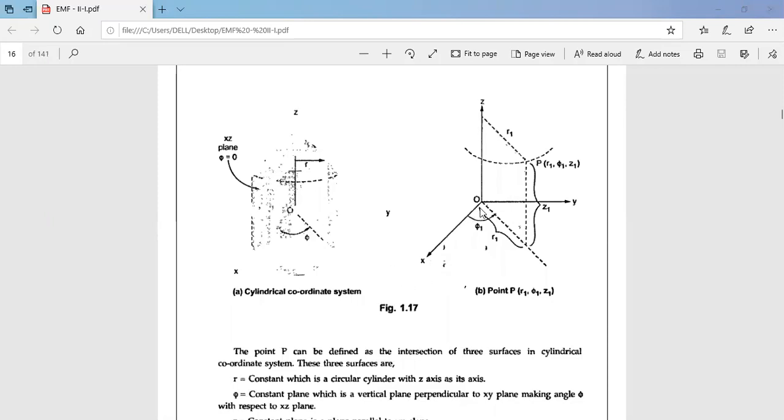Here now we are defining the base at Z equal 0. We could say this cylinder is located at Z equal 1, so that would make Z equal 1 your base.